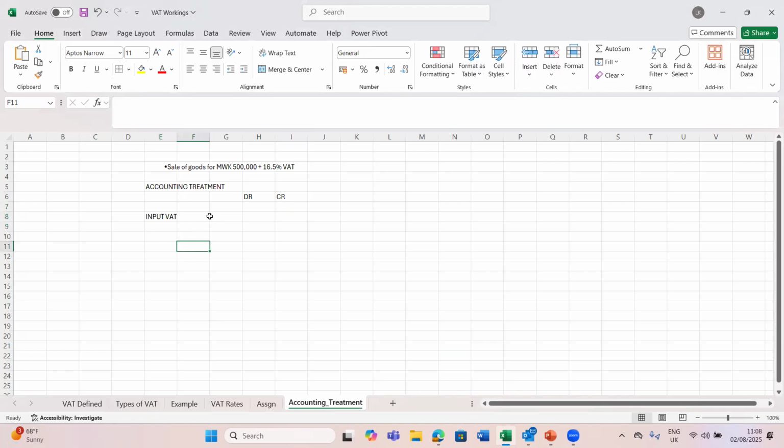We purchase a table for 500,000 plus 16.5% VAT.